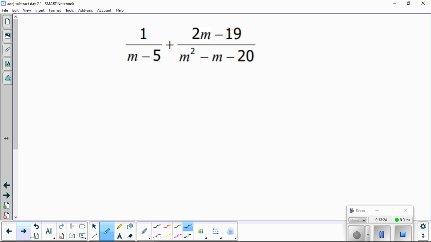So what we're going to do, this guy is good. I can't factor him, but this one I can factor. So do me a favor with your table group. Can you please break this guy into his little parentheses?